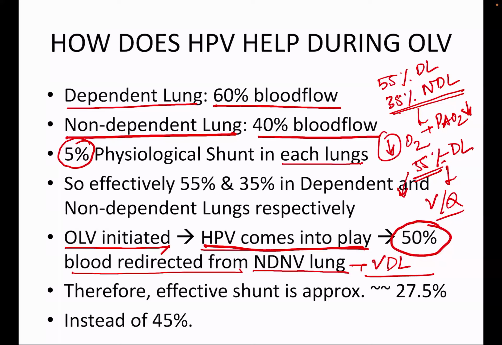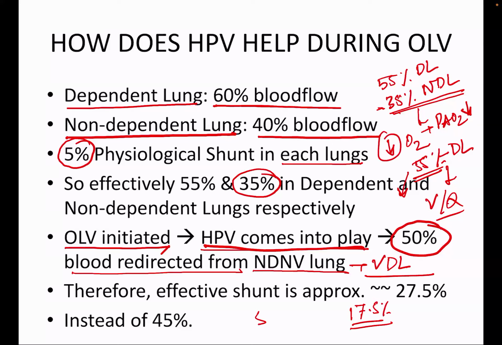So 50% of 35, which was the effective blood flow to the non-dependent lung, is diverted to the dependent lung, which is being ventilated. So 50% of 35 is 17.5%.